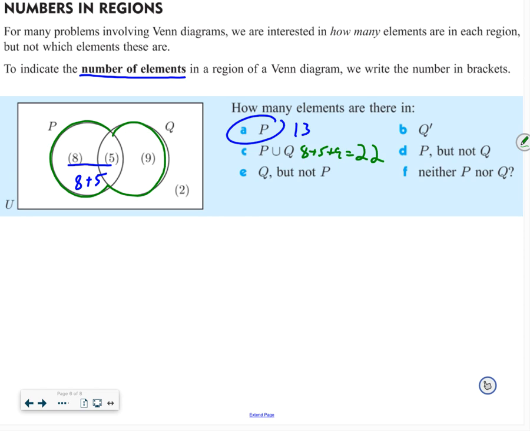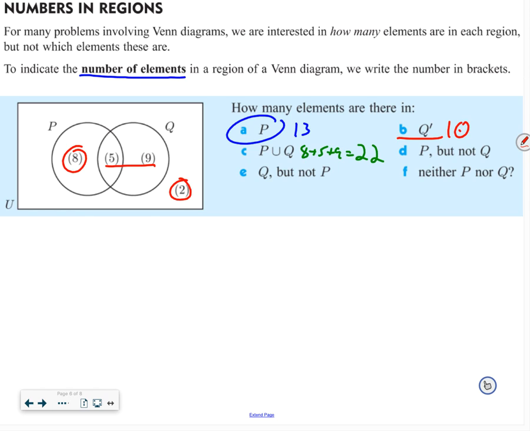So in the complement of Q, let me erase this so we can see, in Q we have these 14 elements. So everything that's not in Q, the complement of Q, is going to include 8 and 2, which is going to be 10.